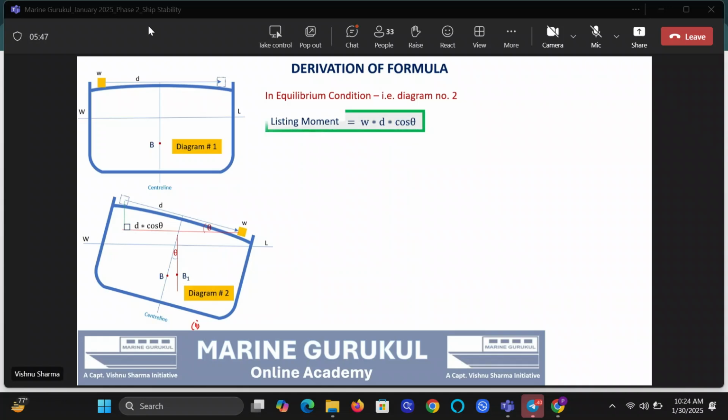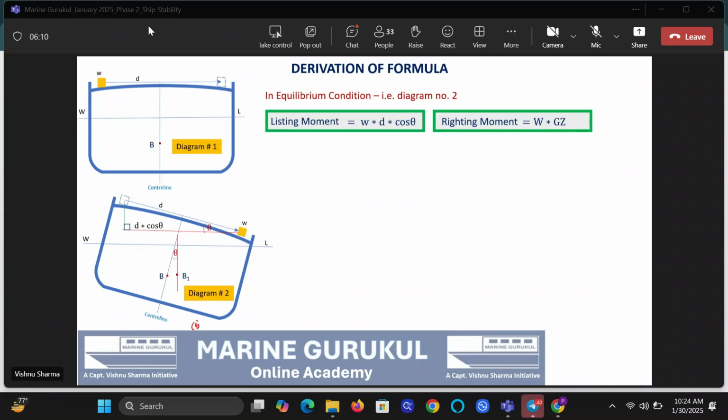This is one expression. What is balancing the listing moment at that angle is the righting moment. Righting moment will be W into GZ. Now, for small angles of inclination, you use GZ equals GM sine theta, but here GM is 0, so you can't use it. So what do we do?